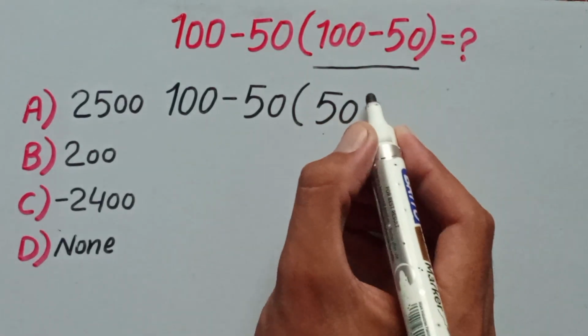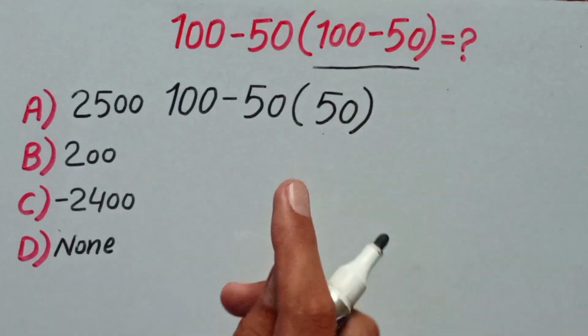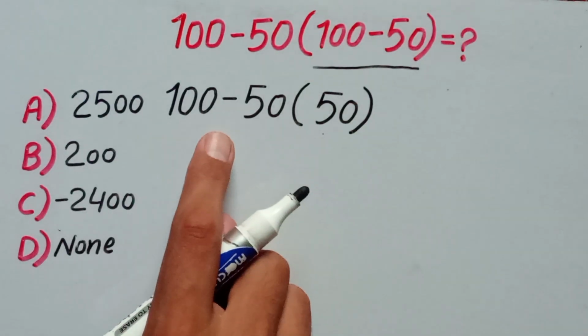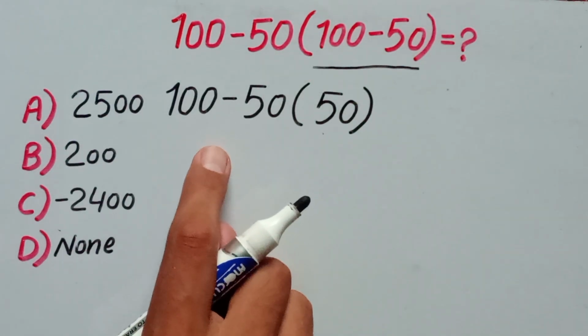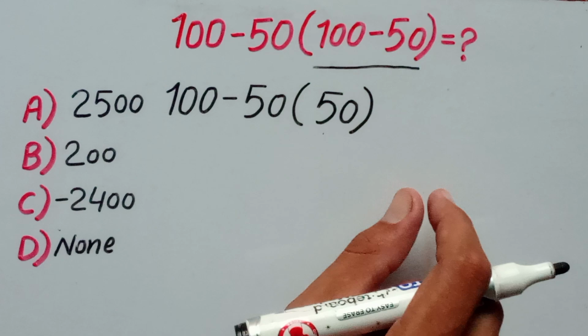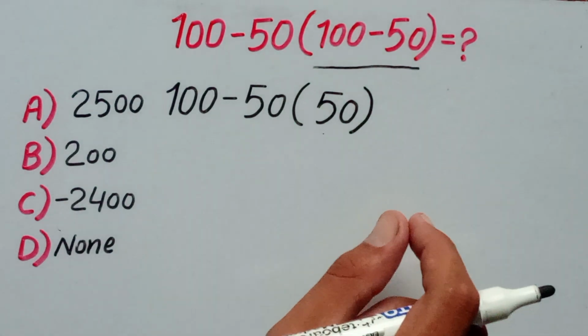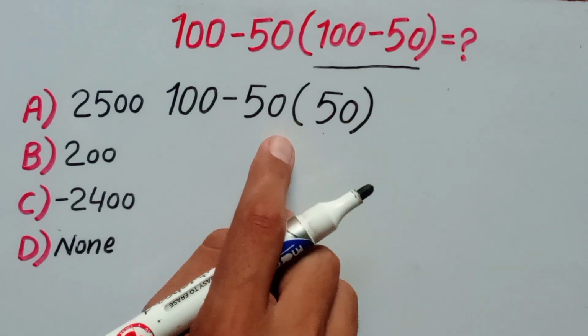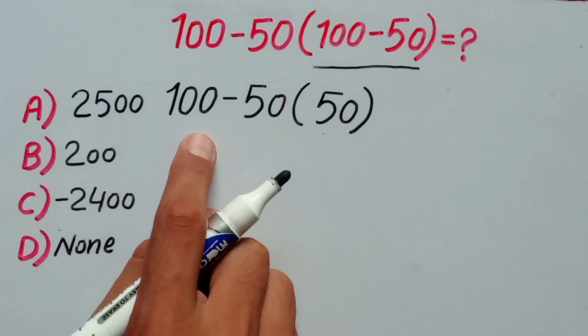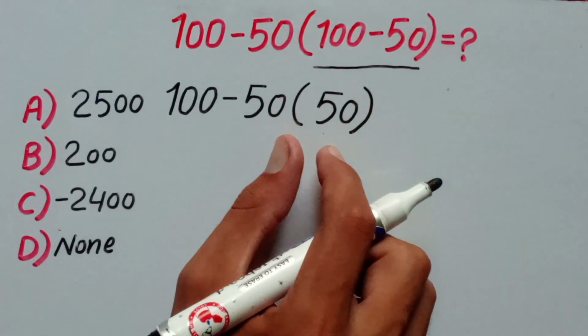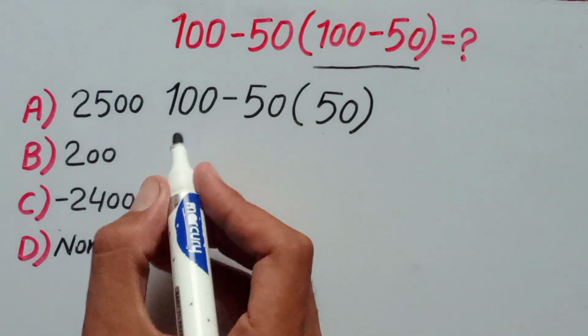Okay guys, now here one multiplication and one subtraction are present, but in PEMDAS we can say that multiplication has higher priority than subtraction. So firstly we solve the multiplication.